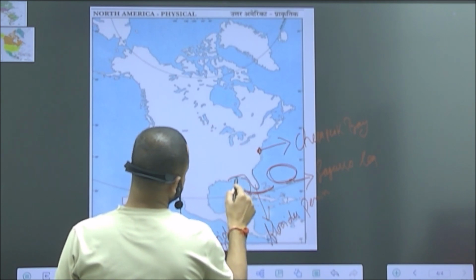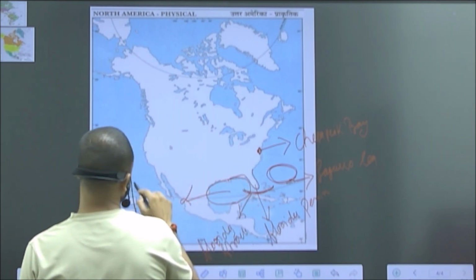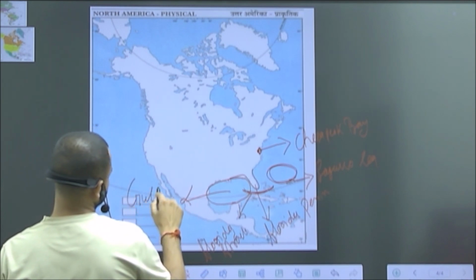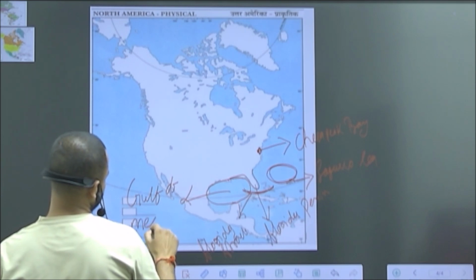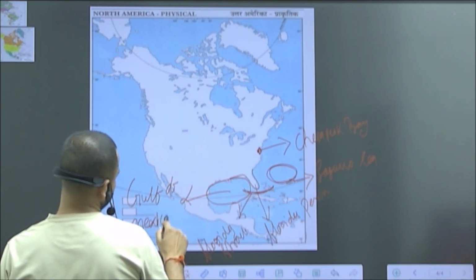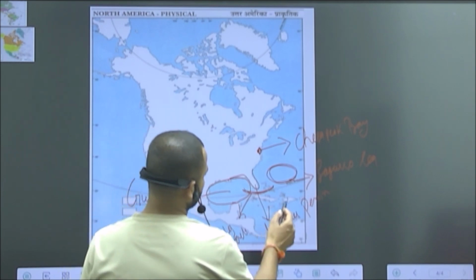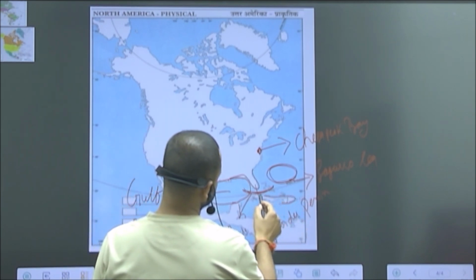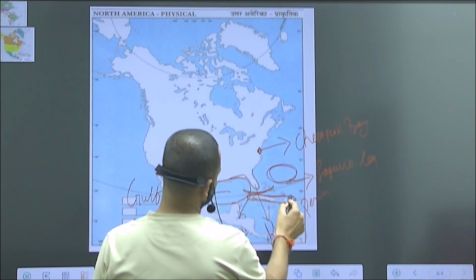It is Gulf of Mexico. It is Antilles. Also I have discussed it is Greater Antilles.